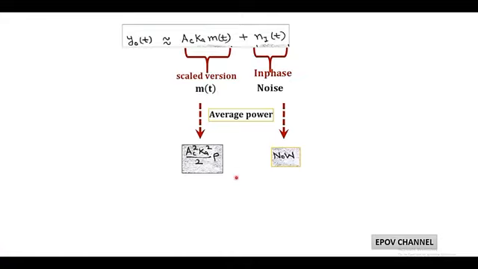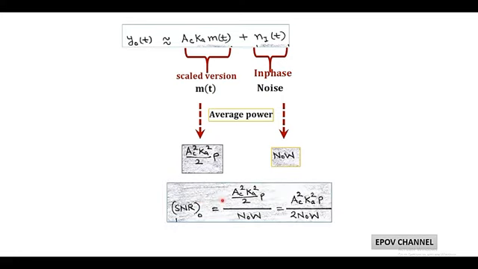Now taking the ratio of average signal power to average noise power, we get Ac squared ka squared P over 2 N0 W after simplifying.